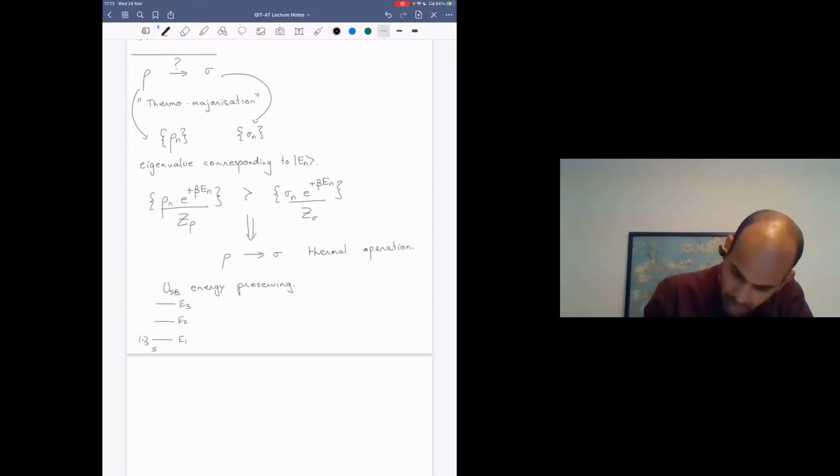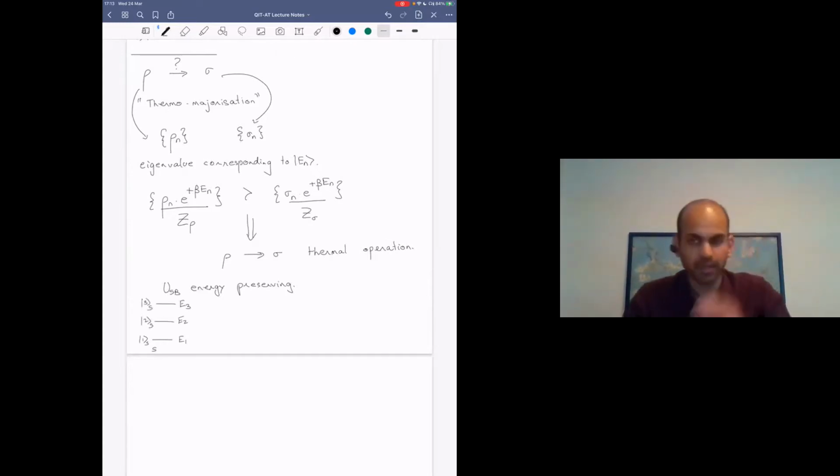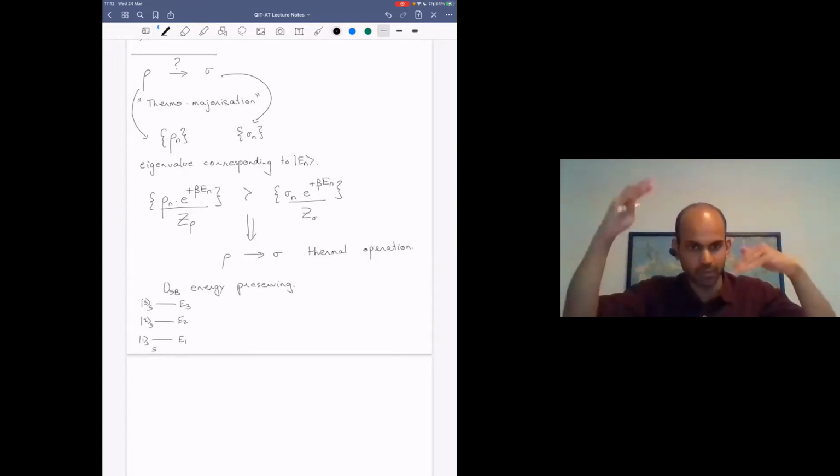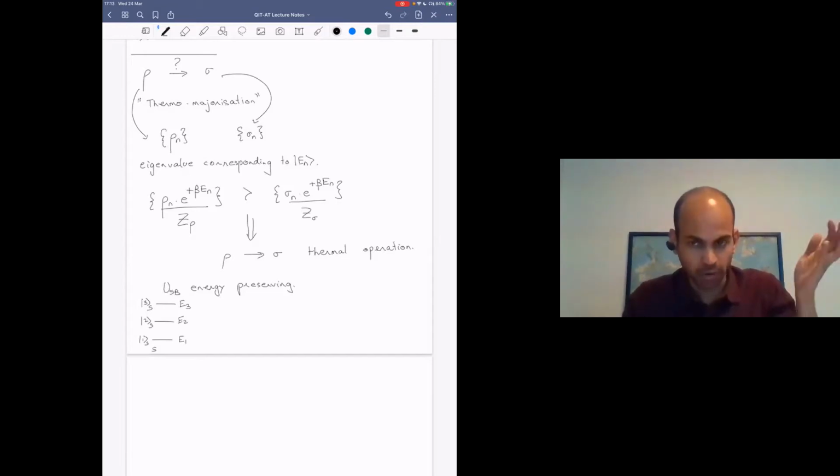These are the states 1 system, 2 system, and 3 system. If I was to do an energy preserving operation only on the system, I would not be able to do anything because there are different energy eigenvalues. So I cannot move population in between the energy eigenvalues at all.